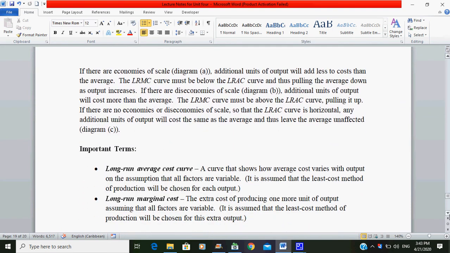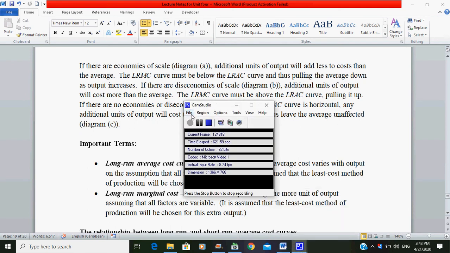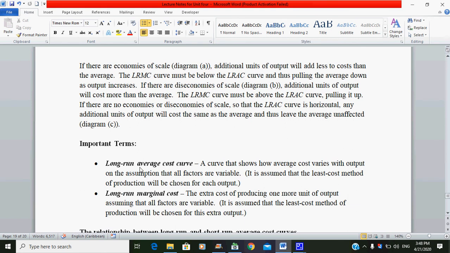Some important terms now. Long run average cost curve: a curve that shows how average cost varies with output on the assumption that all factors are variable. It is assumed that the least cost method of production will be chosen for each output.